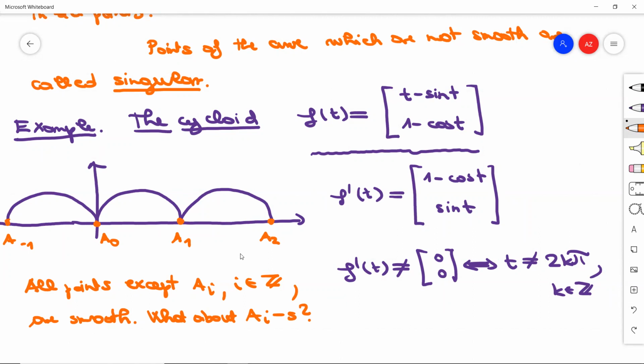However, we have to justify that those points are really problematic, so that there doesn't exist another parameterization of the cycloid such that the velocity vectors would be different from 0. So the question is, does there exist a parameterization of the cycloid such that the velocity vector in these specific points would be non-zero? Let's think about this question a little bit, and we will solve it first after the break.